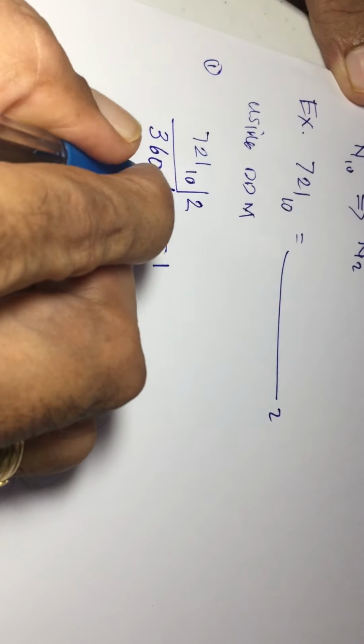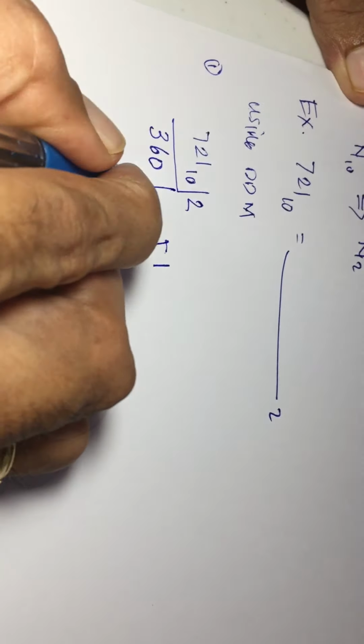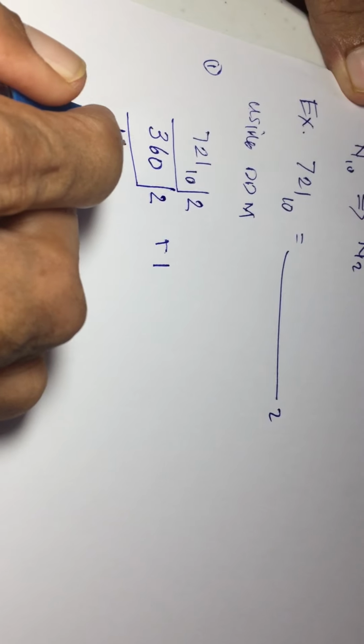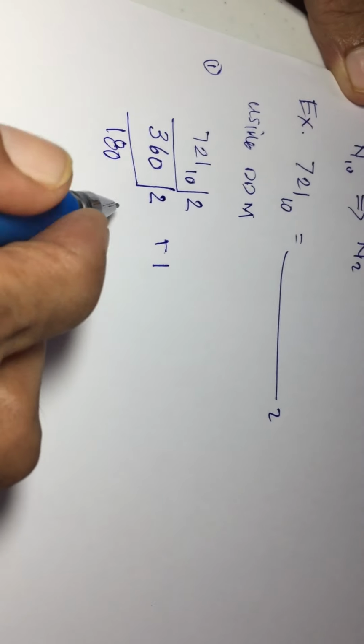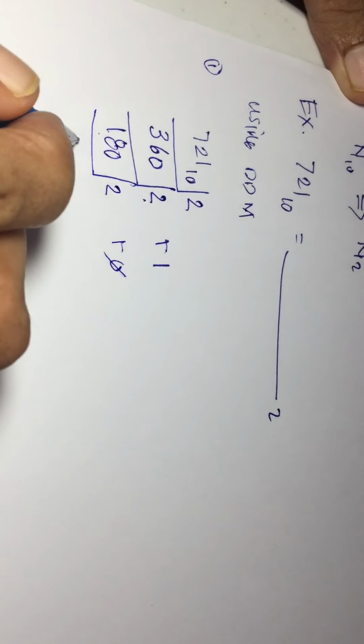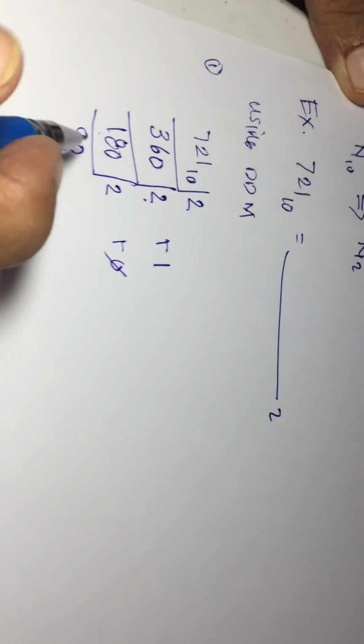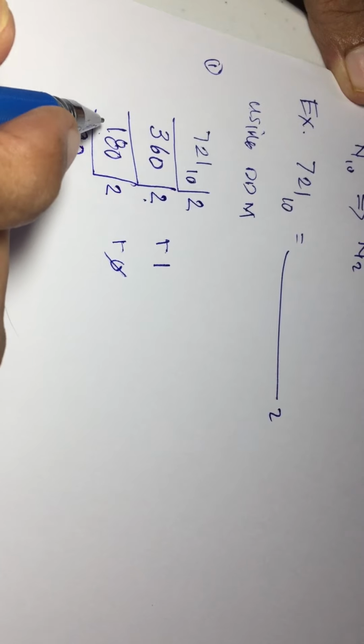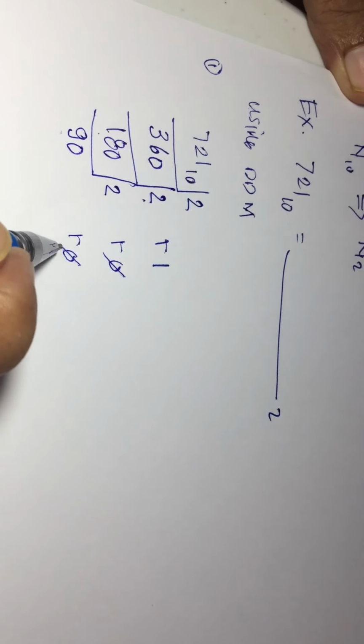Alright? Then continuously by 2. So we have 180. 180 times 2, 360. Minus 360, we have remainder 0. Then 2, there is 90. 90 times 2 is 180, minus 180, remainder 0 again.